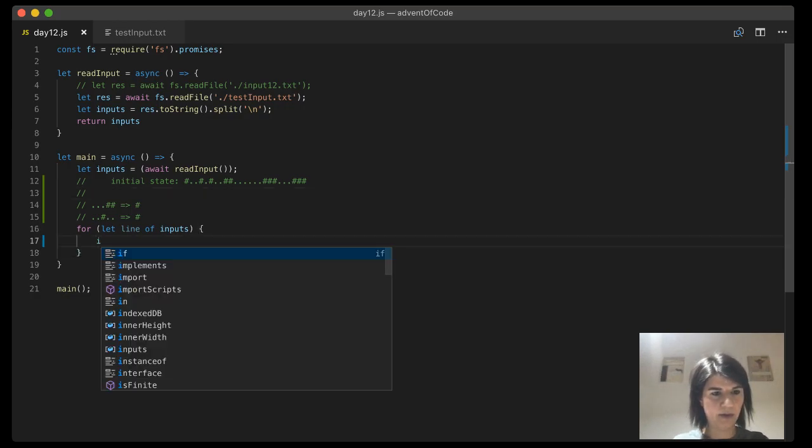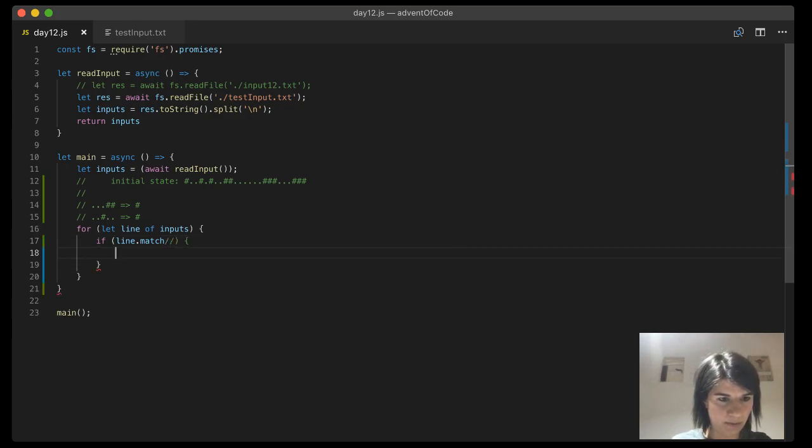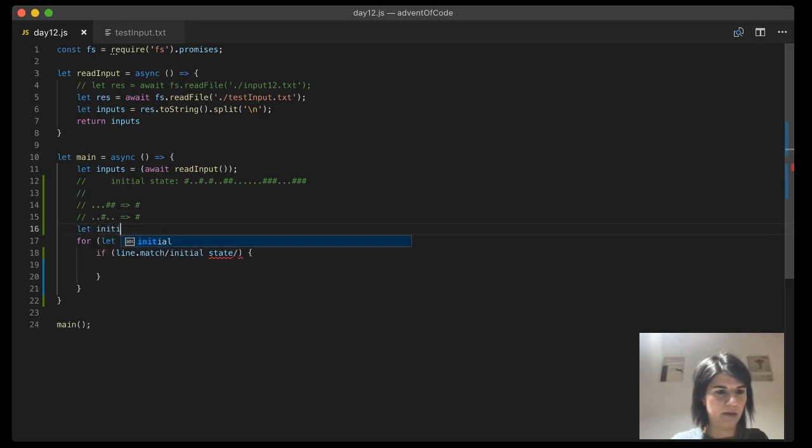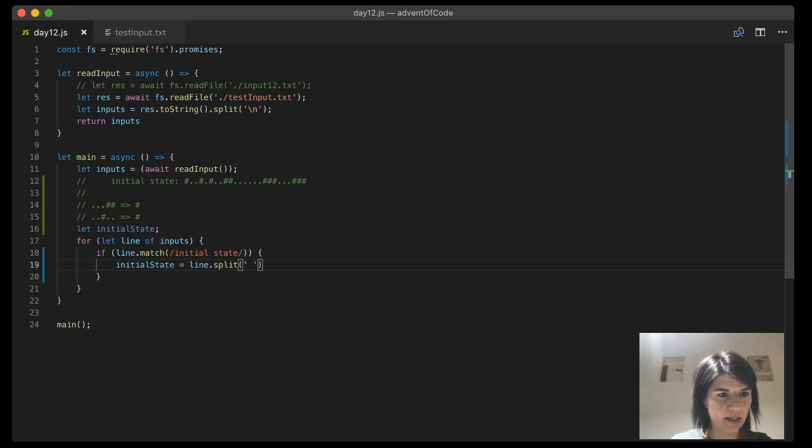If the line matches the word initial state, then we want to say initial state, if line that match, let's use parentheses, is equal to line that split, let's split at the empty ones, 0, 1, 2.